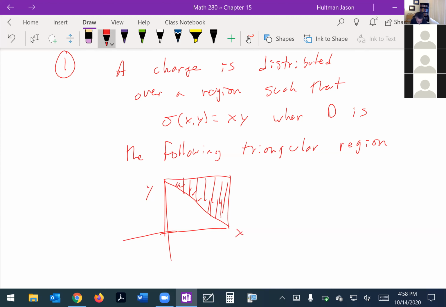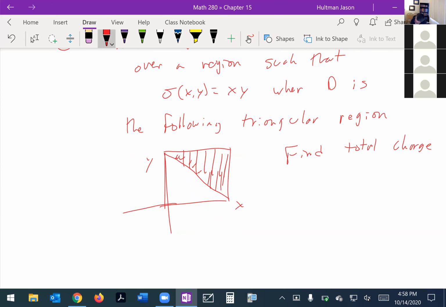So how are we going to find the total charge? We have a region here that it's going to be integrated over, the x's and the y's, and then sigma xy dA.